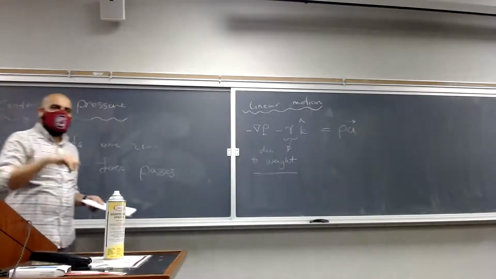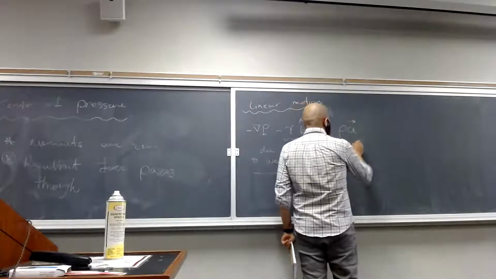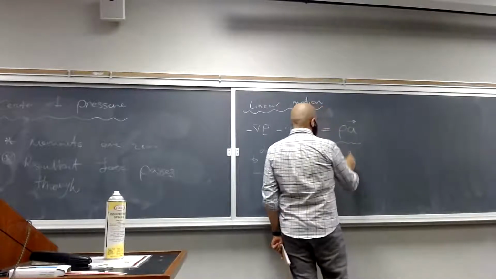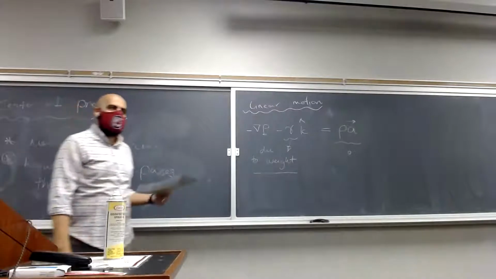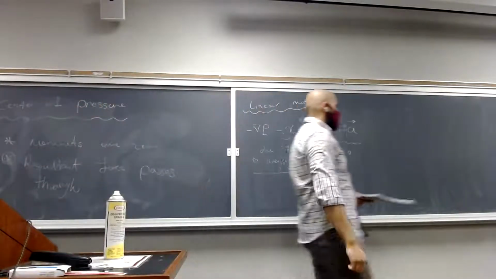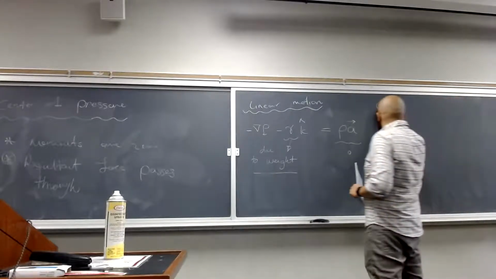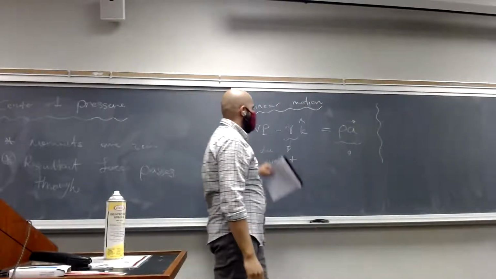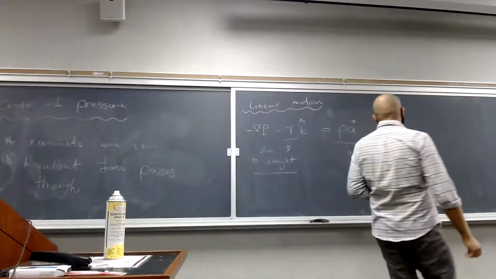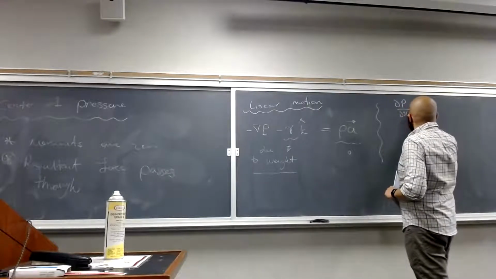hydrostatic equation we found. And for a case of a fluid at rest, acceleration was 0, so the whole thing was going to be 0. This is an equation we found in the beginning of the class. And as you can see, because it involves vectors and the gradient itself is directional, we can actually write this equation in 3 dimensions.